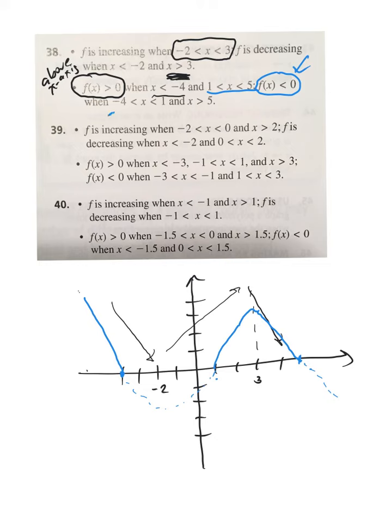It's below between negative 4 and 1, just like it seems, right? And then it's also below the x-axis for x values greater than 5. Well, there it is. So this is a sketch, certainly not a very pretty sketch, but this is what our expectation would be of this graph.